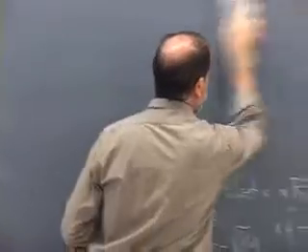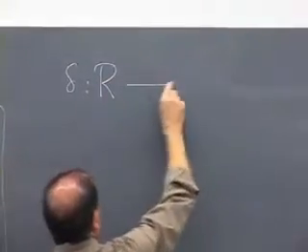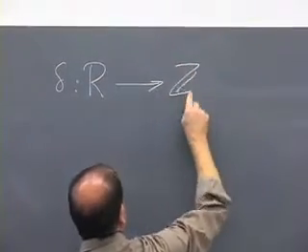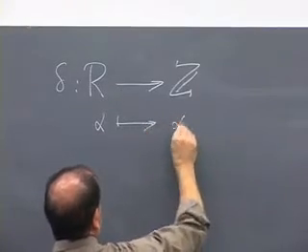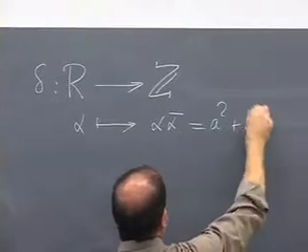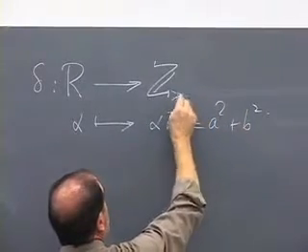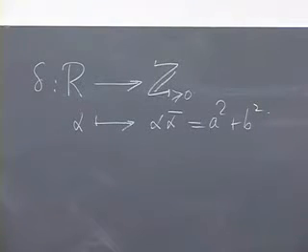So I want to make one observation about this delta function. We have this map delta from R to Z that takes an element alpha to alpha alpha bar, which is a squared plus b squared. And so, in fact, it goes to the non-negative integers, but never mind. Now, that can't possibly be a ring homomorphism.